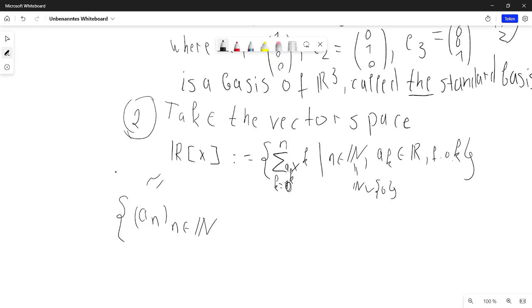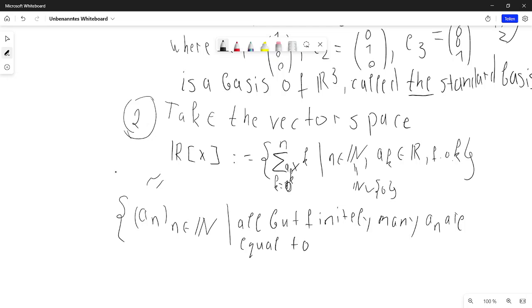such that finitely many are not equal to 0.